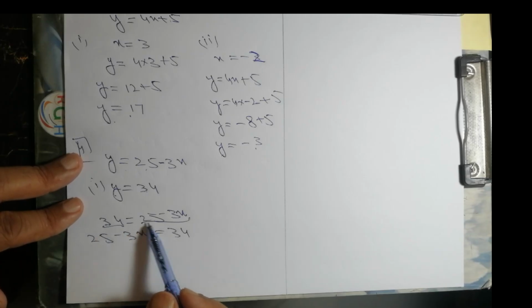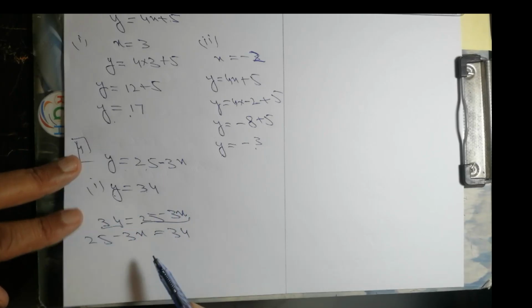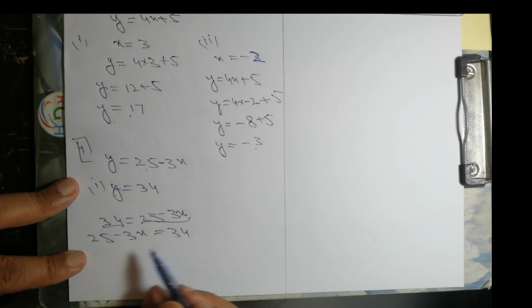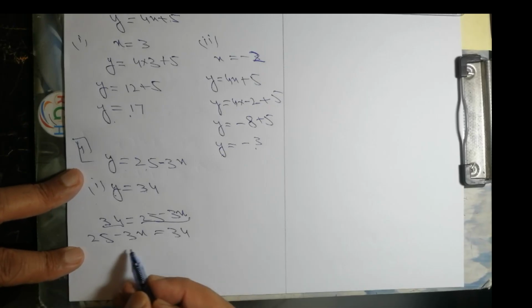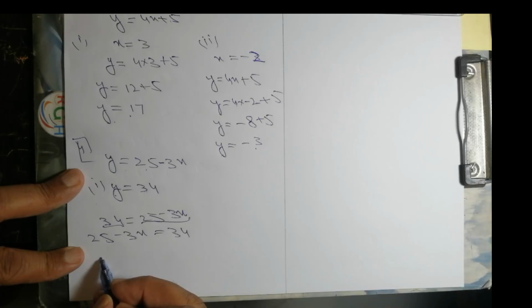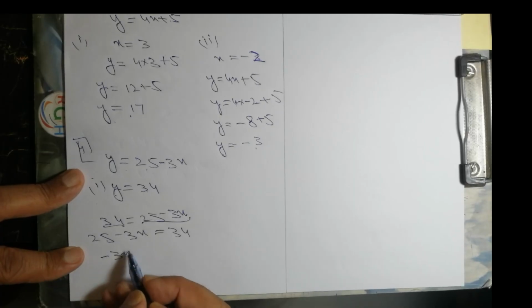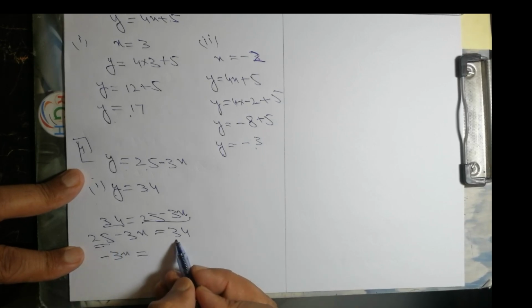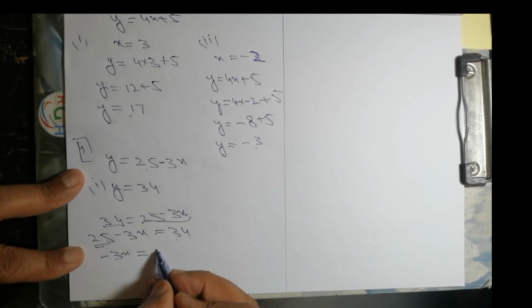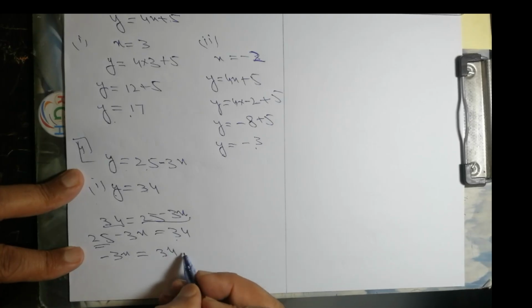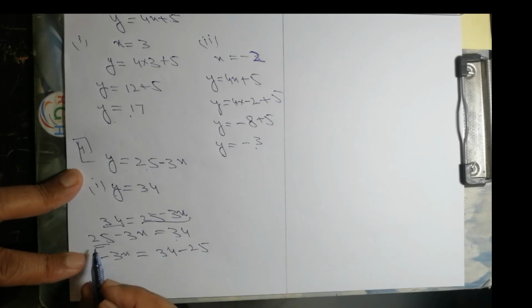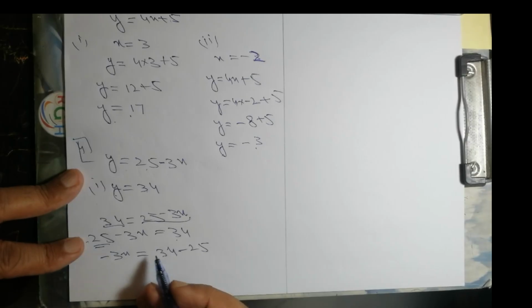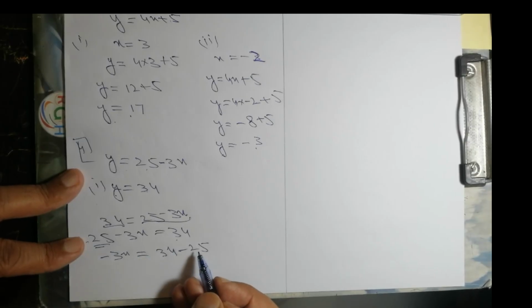When we interchange the sides entirely, there is no difference. Nothing is changed. Now minus 3x stays, and this constant value we shift to the right side. When shifted, its sign becomes negative, minus 25. Here 25 was positive and when we shifted it, it became negative.